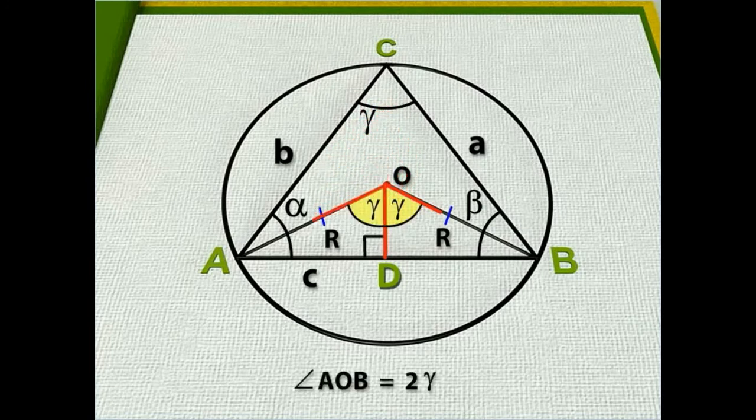Angle AOB is twice angle gamma, which further implies that angle AOD is equal to angle BOD is equal to gamma.